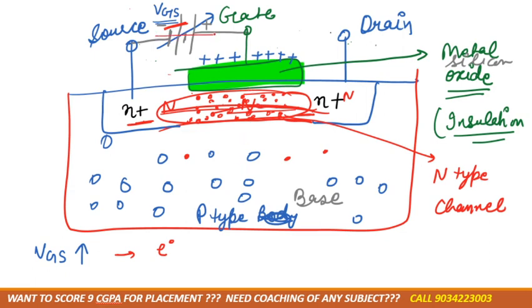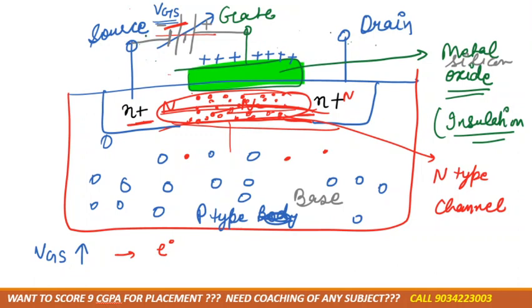If I increase VGS, the movement of electrons increases, and this path becomes deeper and deeper, right? Then more and more current will flow. Any doubt up to here?